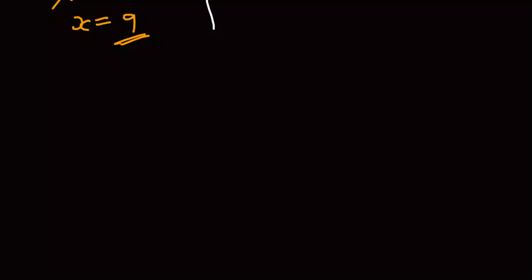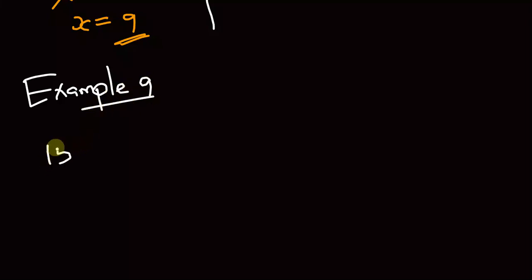You can try example 9 on your own. Example number 9. 15x is equal to 120. Try it out. So to find the value of x, we will have to divide both sides by 15.